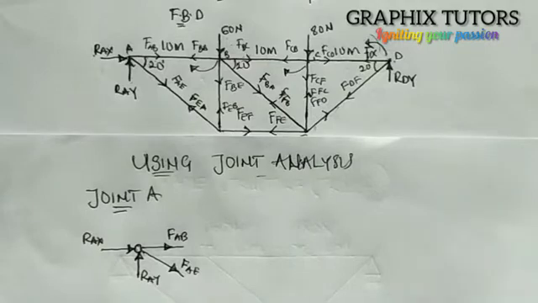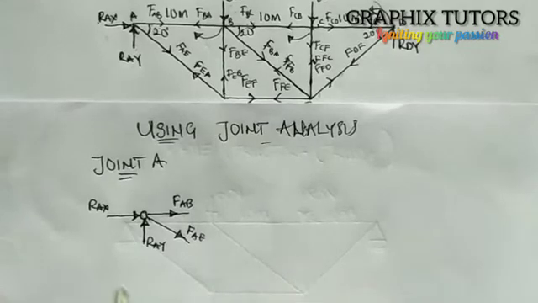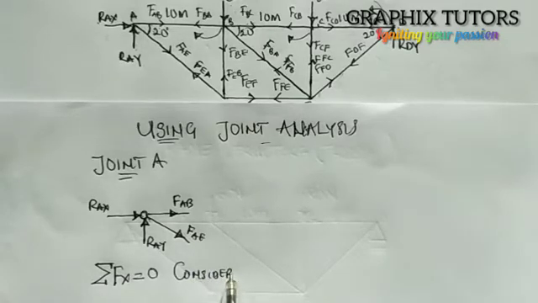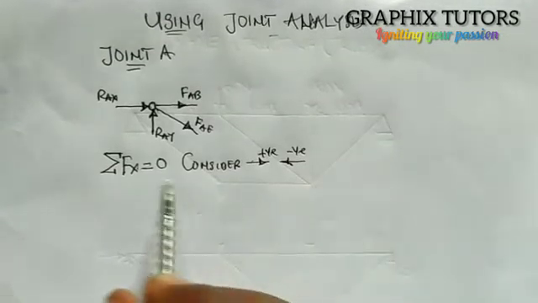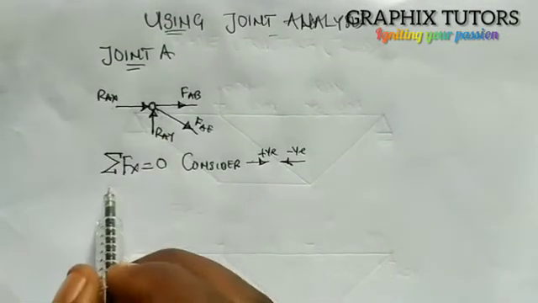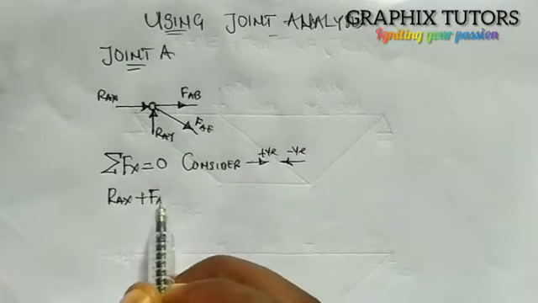In this case, we're going to still use the conditions of equilibrium to analyze them. The first condition for equilibrium is summation of Fx equals 0, and we want to consider forces acting towards the right to be positive and the ones acting towards the left to be negative. Now if I do that at this point, arrow AX is acting towards the right, so I write my RAX plus FAB, right?